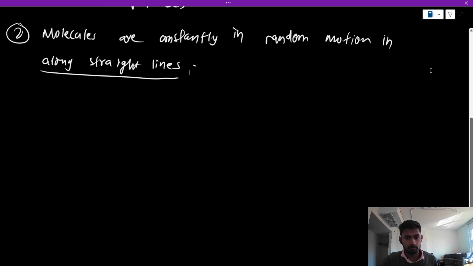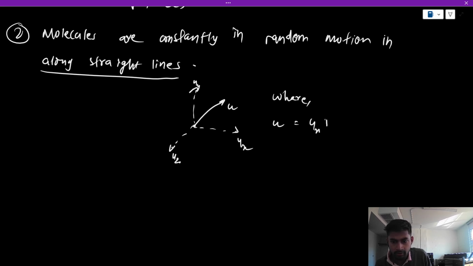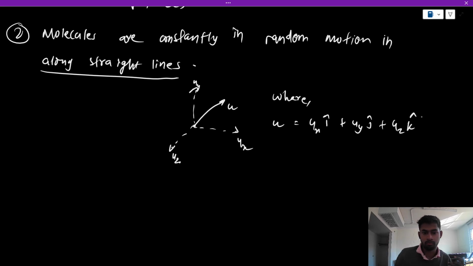And if we know vector calculus, then we can deduce the velocity with this simple equation. u is equal to ux i cap plus uy j cap plus uz k cap, which is the velocity of the molecule in all different directions.